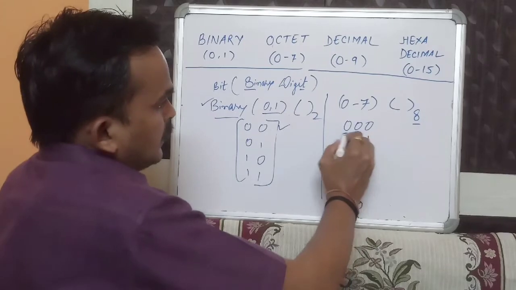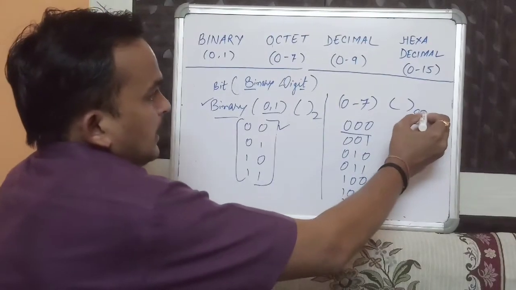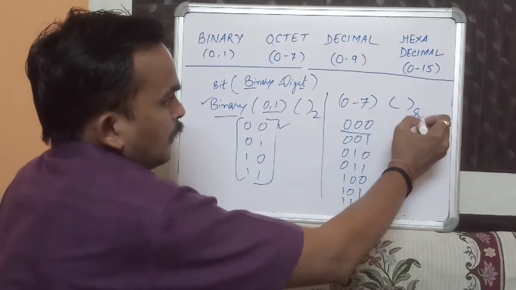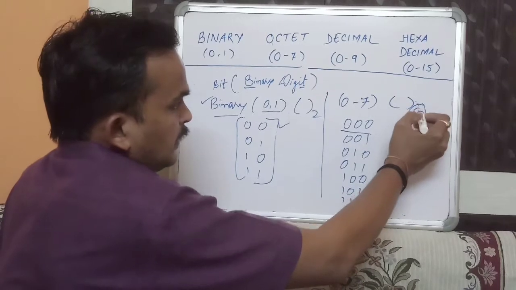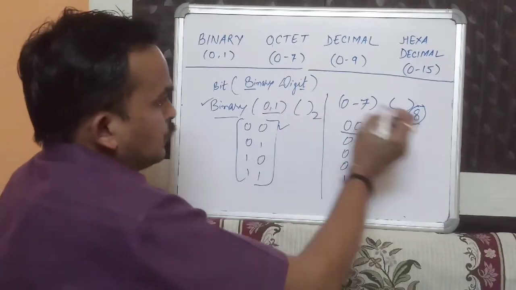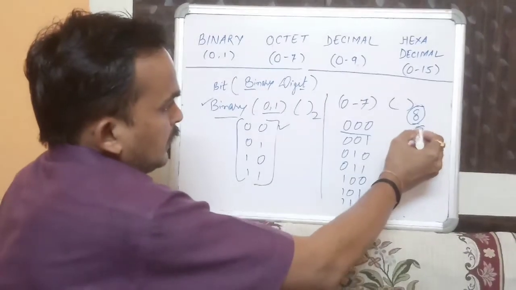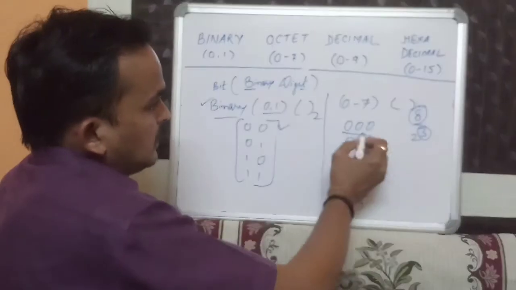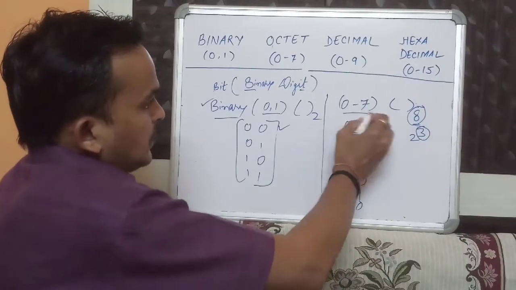Why do we take 3 digits here? Because when we write 8 in terms of 2, it is 2 to the power 3. That's why we take 3 digits for octal.